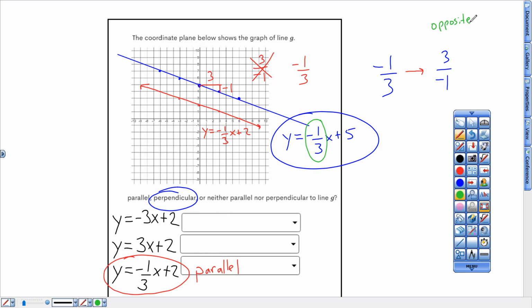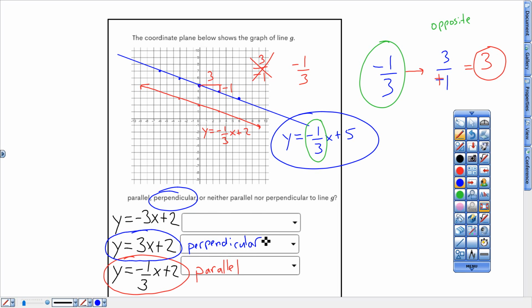So the opposite of negative 1/3 is positive. So that opposite reciprocal slope is going to be 3. The opposite reciprocal of negative 1/3 is 3 over 1, which means I'm looking for a slope that has 3 in front of it. And I can see right here, this is the only one that is technically perpendicular. It has a 3 in front of its x.